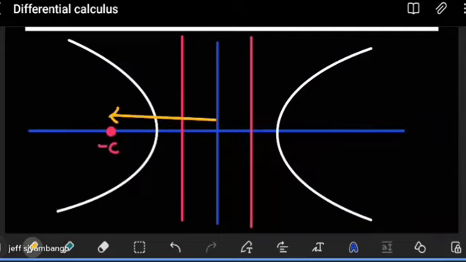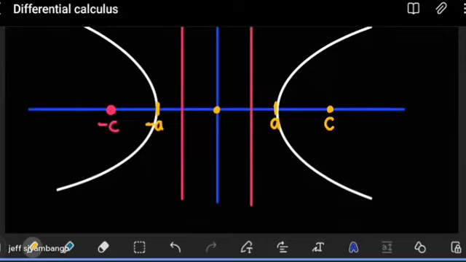To the left being minus c, and to the right being positive c. And since this is the origin, 0, 0, this has to be positive c there. And then next up, the vertices. This one here is at minus a, the distance from the center to the vertices is a, and from the center up to here, this is going to be positive a.